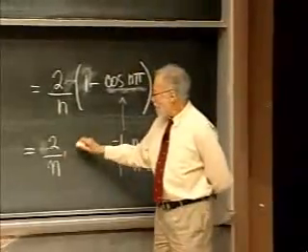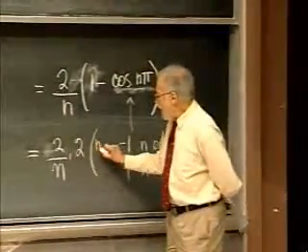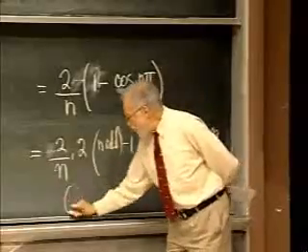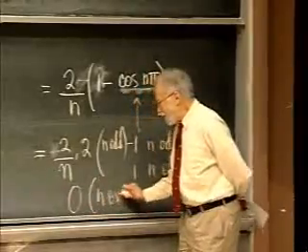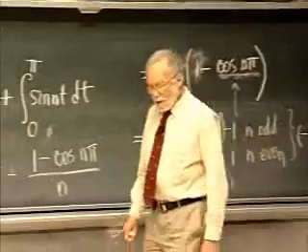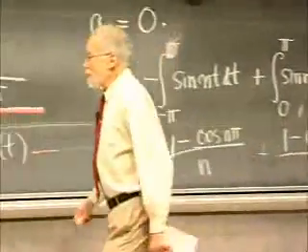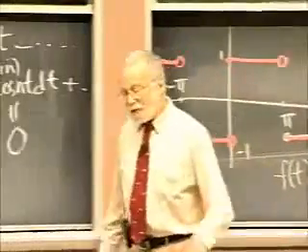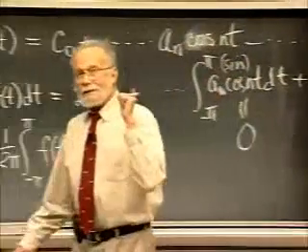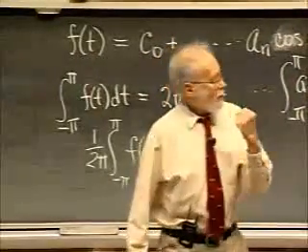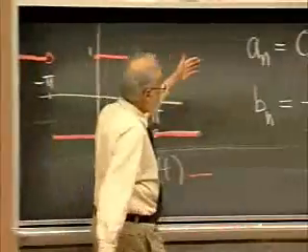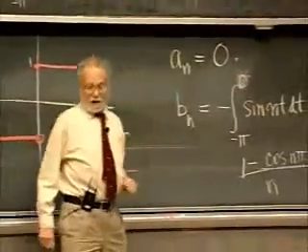So it's 4 over n, or it's 0, and the final series is a sum of those coefficients times the appropriate cosine or sine? Sine terms, because the cosine terms all turned out to be 0.